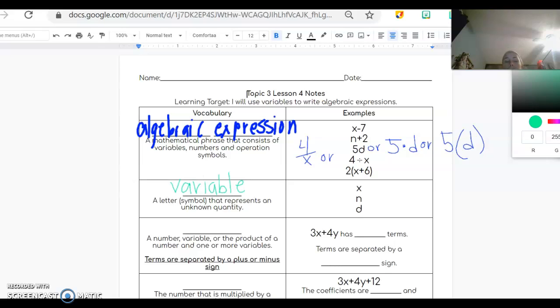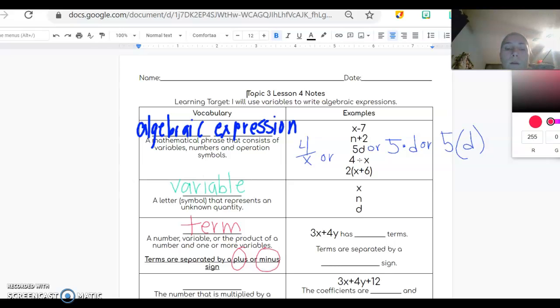Our third vocabulary word is term. A term is a number, variable, or the product of a number and one or more variables. Terms are separated by plus and minus signs only, okay?